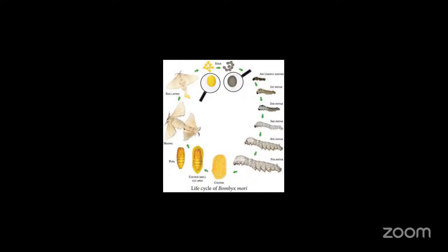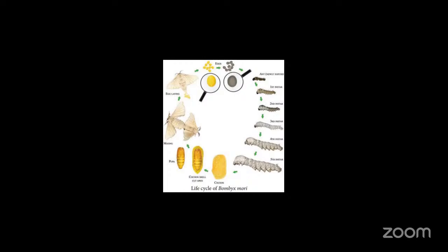And coming to the second type, that is bivoltine, which by itself indicates two life cycles. If the silkworm is giving two life cycles in a year, they are known as bivoltines.